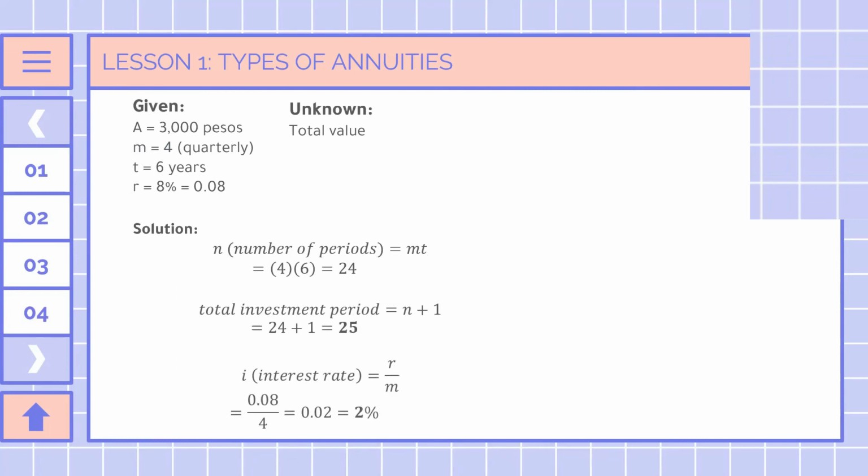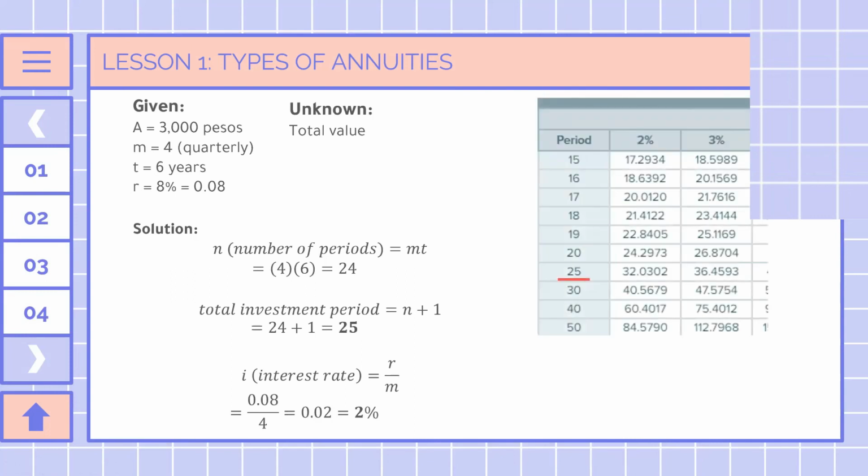So for the interest rate, which is I, is equal to R over M. Then we will substitute the given of R and M to the formula. We will yield 0.02 or 2%. Then we will find this in the table.